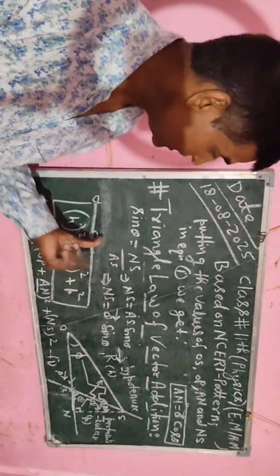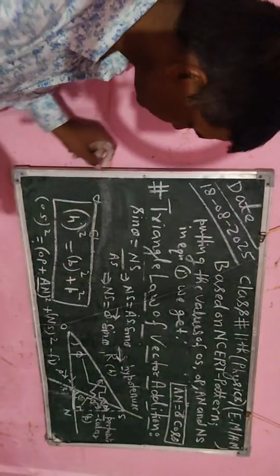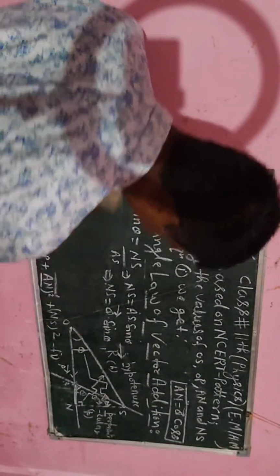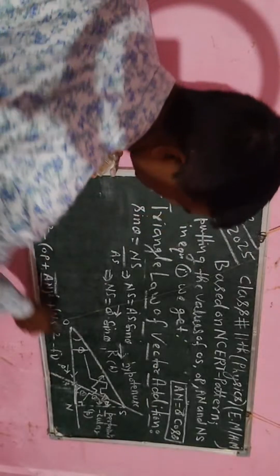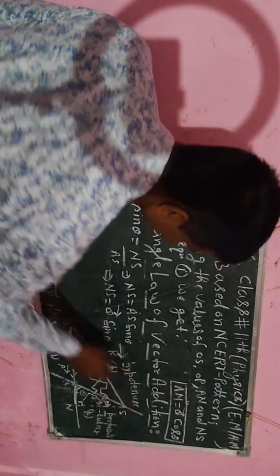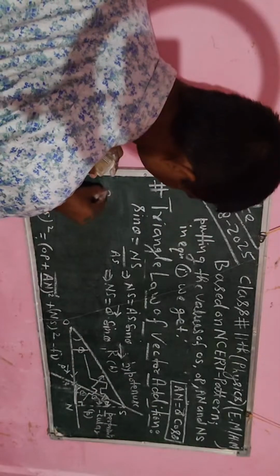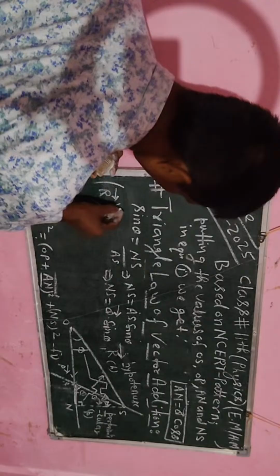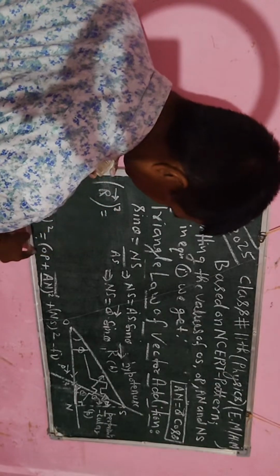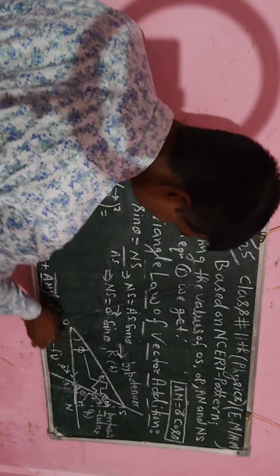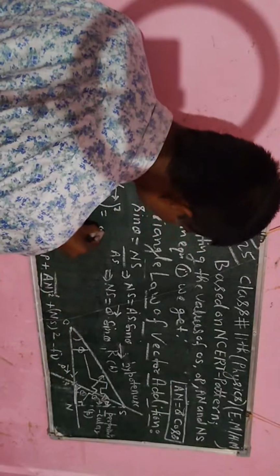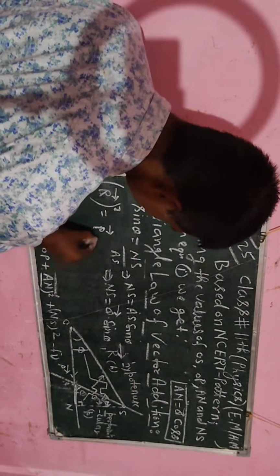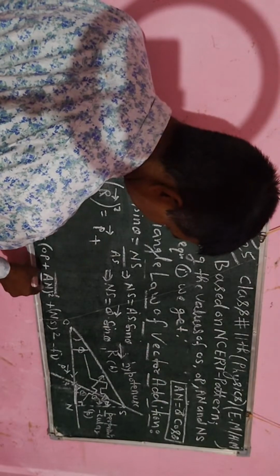Okay, so I am going to erase this topic, and after erasing I will substitute this with OS. From the figure, OS is R. So here I will write vector R, and since a square is available, I will put a square here. Now OP is vector P, so I will write vector P here, plus AN.